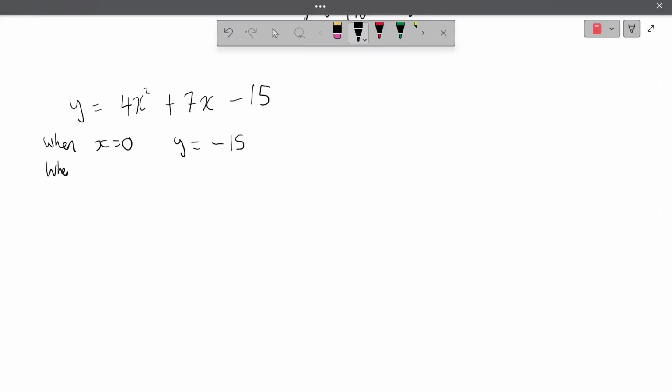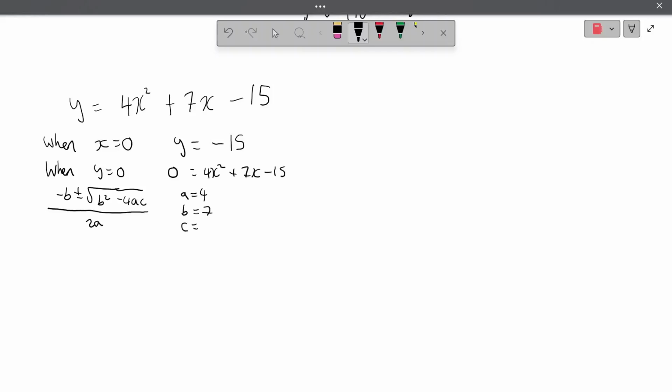Now, when y equals 0, then 0 equals 4x squared plus 7x minus 15. We can use the quadratic formula. So you've got minus b plus or minus the square root of b squared minus 4ac all over 2a, where a is the number of x squared, which is 4, b is the number of x's, which is 7, and c is the number of units, which is minus 15.